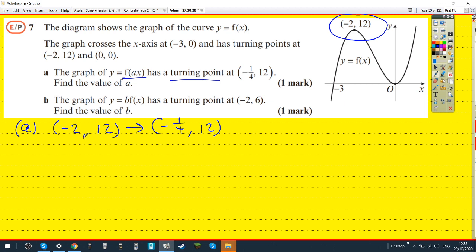Oh, okay. So would it be 4? I think that would give you minus 1 over 8. So it'd be 2 then.